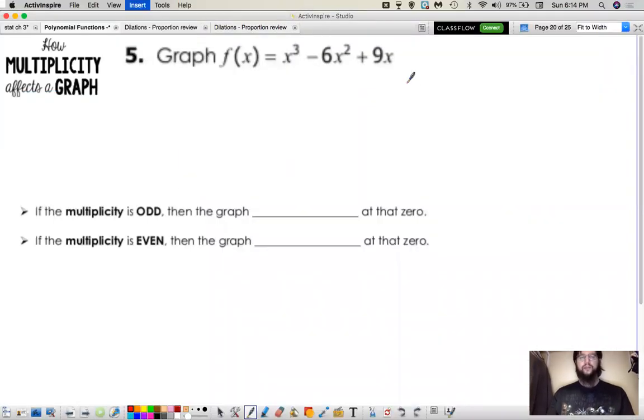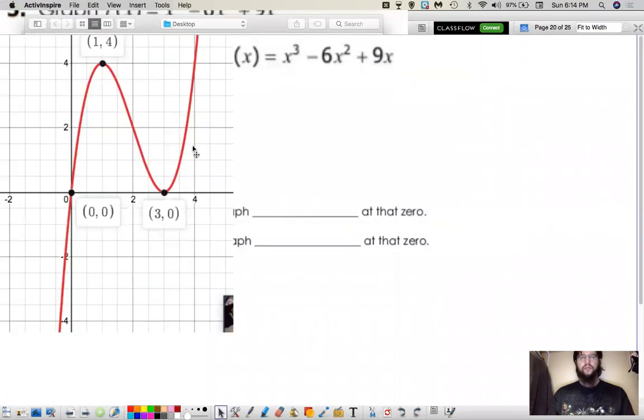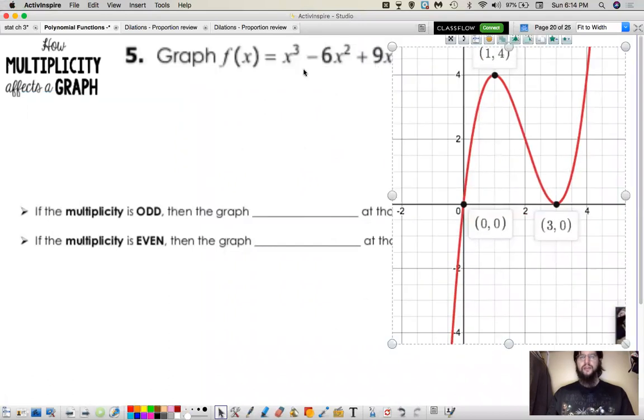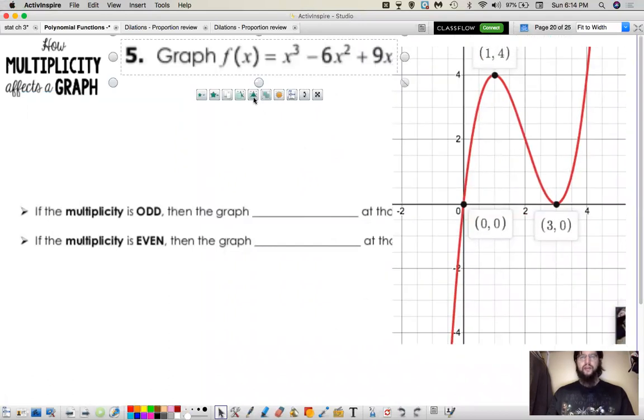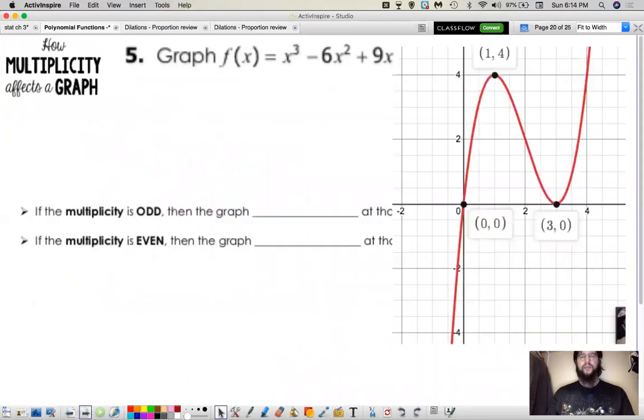I'm going to stick it right here. Okay, so this is the exact same function we had a minute ago. x cubed minus 6x squared plus 9x. So we know our zeros are 0 and 3 with multiplicity of 1 and 2 respectively.